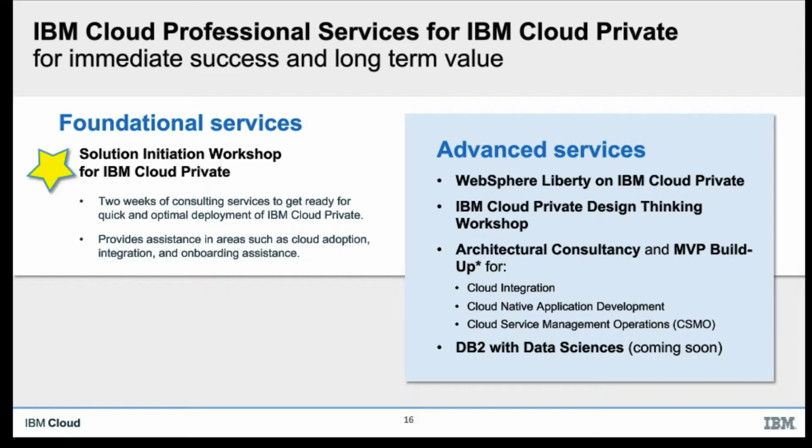One of the most popular ones that we do is a 2 to 3 week engagement where we come in and work with your team to determine the best architecture and the best use cases for IBM Cloud Private with your applications. We'll get our private cloud running inside of your firewall on your infrastructure, and then we'll work with your team to move an application over to IBM Cloud Private. We'll containerize it with you and turn it into a 12-factor app.